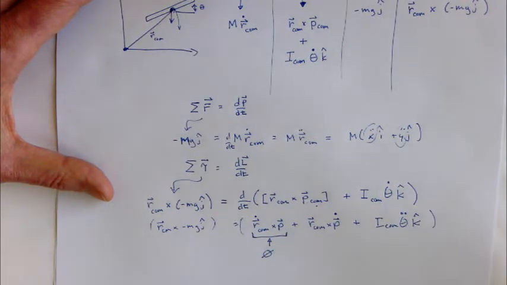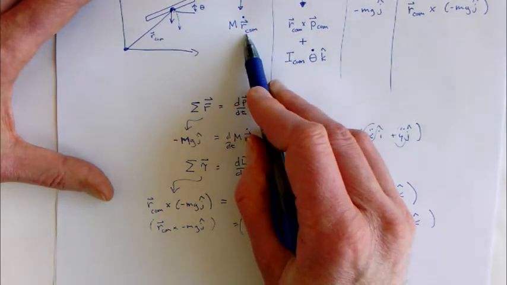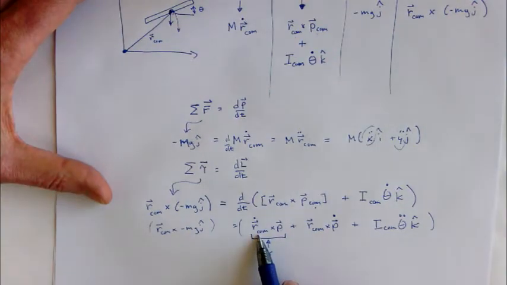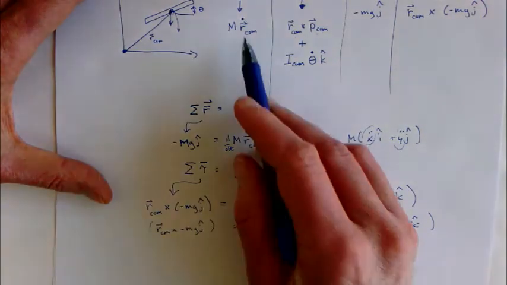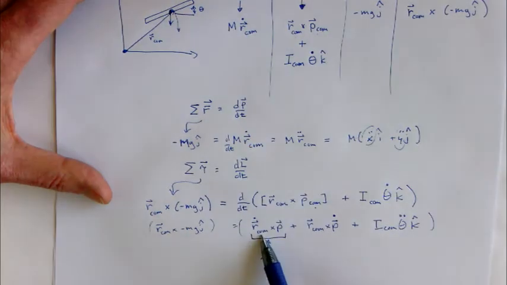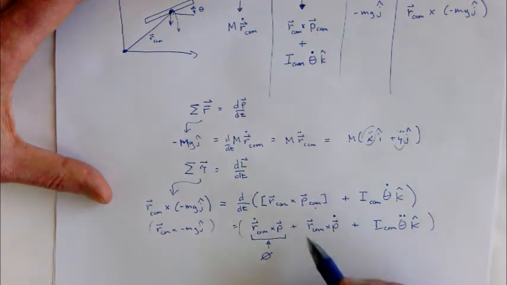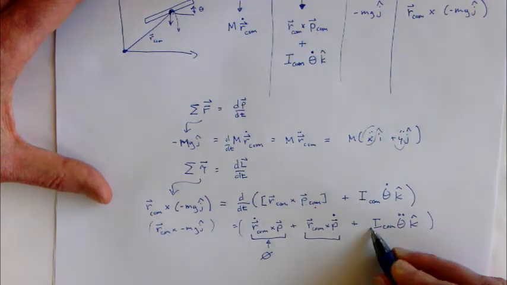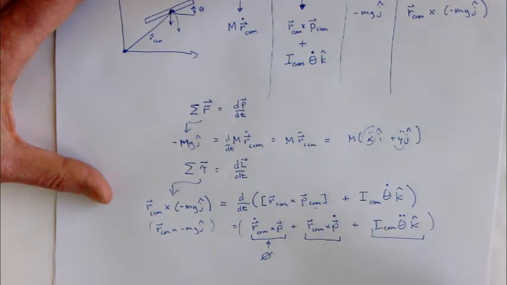Why is that? Well, the momentum is simply the mass times the velocity of the center of mass. And when you take the cross product of a vector, the velocity of the center of mass, with itself, you get 0. That is, the velocity is parallel to the momentum, so this term is 0. So really we only have 2 terms here. One term is this one, and one term is this one.